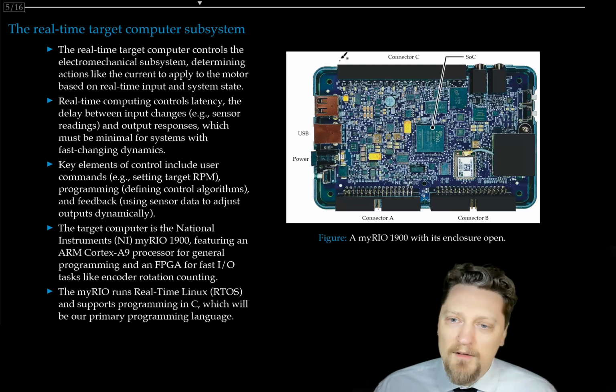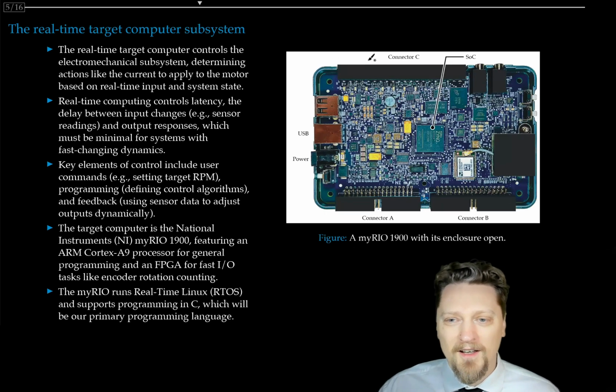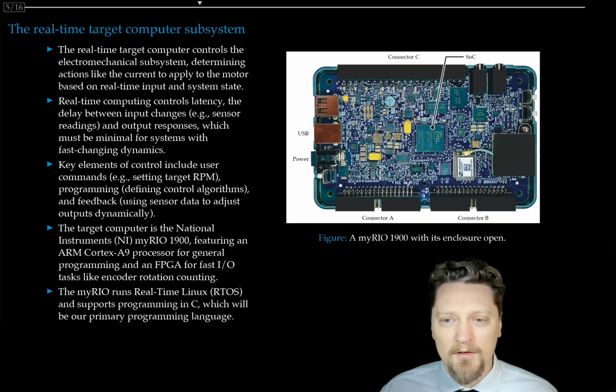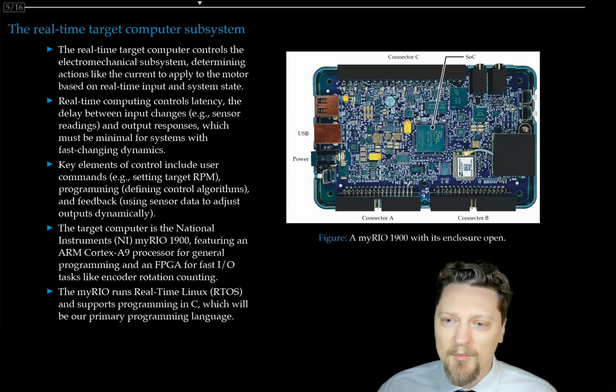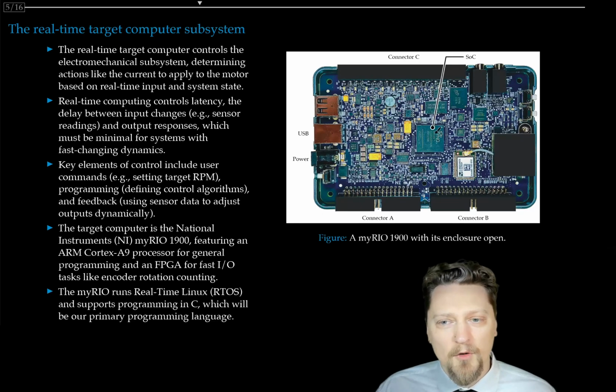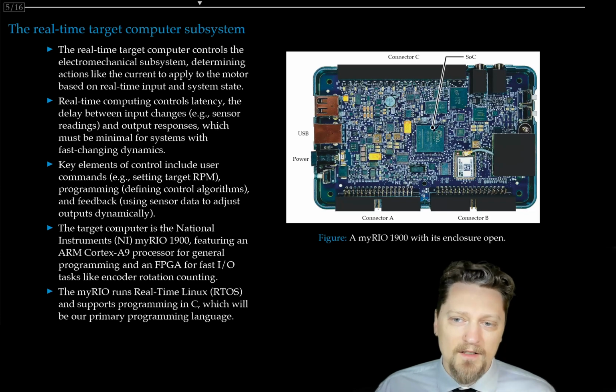So this is a picture of the MyRIO with its enclosure taken apart. So we've opened it up and we can see the board. We can see this is a system on a chip. We'll talk a little bit more about what that entails a little later on. But that is the sort of heart of this board and this computer.